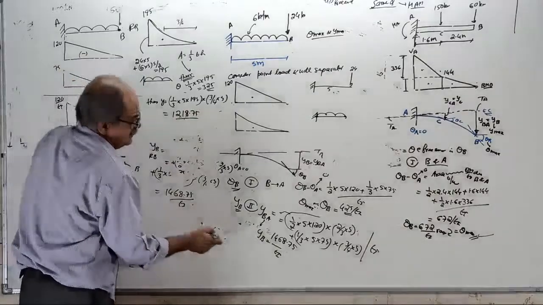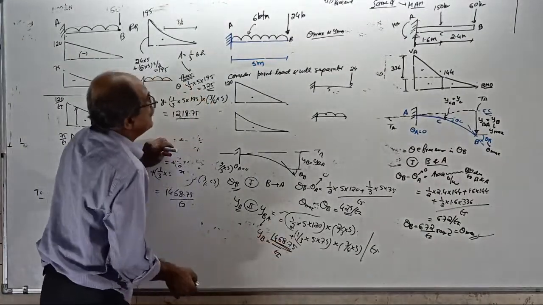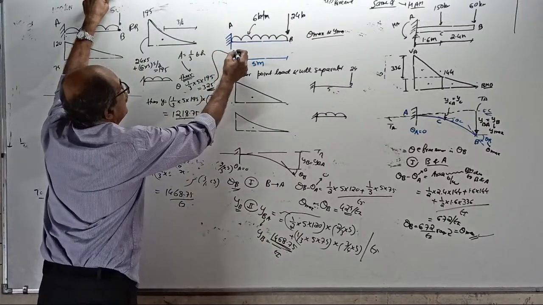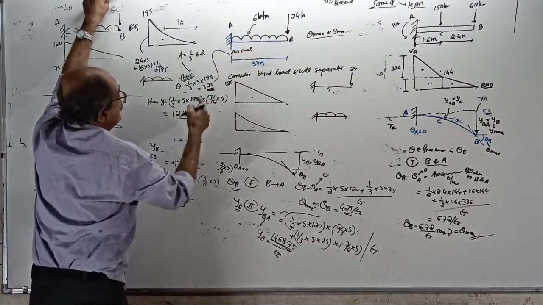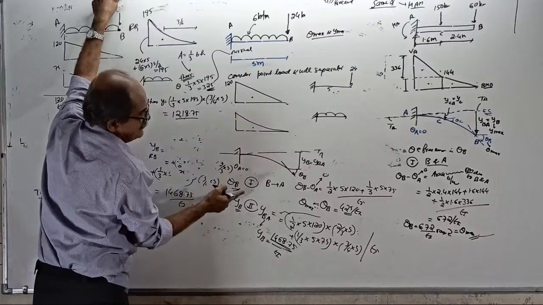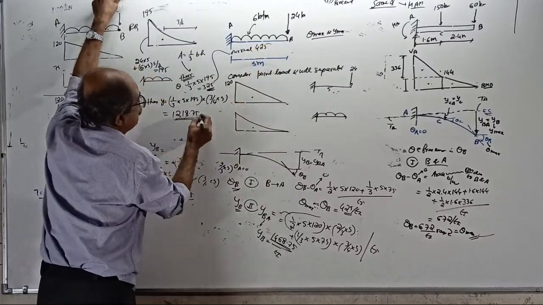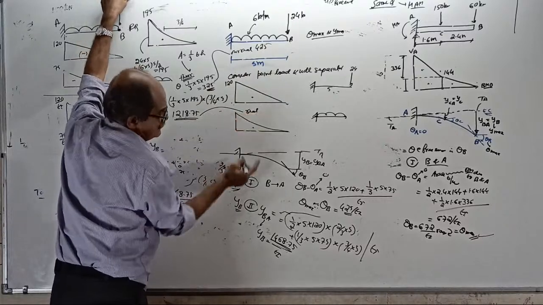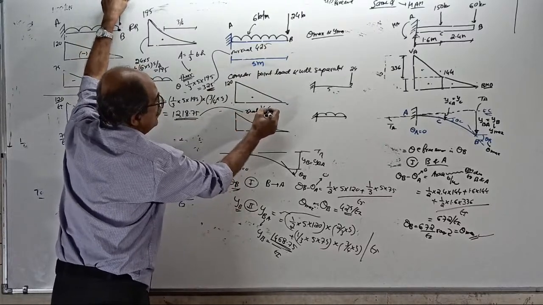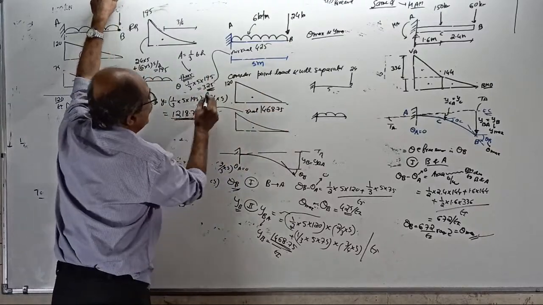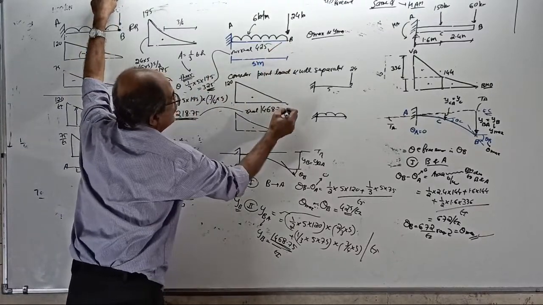But our answer is 1468.75. See, their answer is 325, our real answer is 425. Their answer is 118.75, our real answer is 1468.75. Who is correct? They are correct or we are correct?